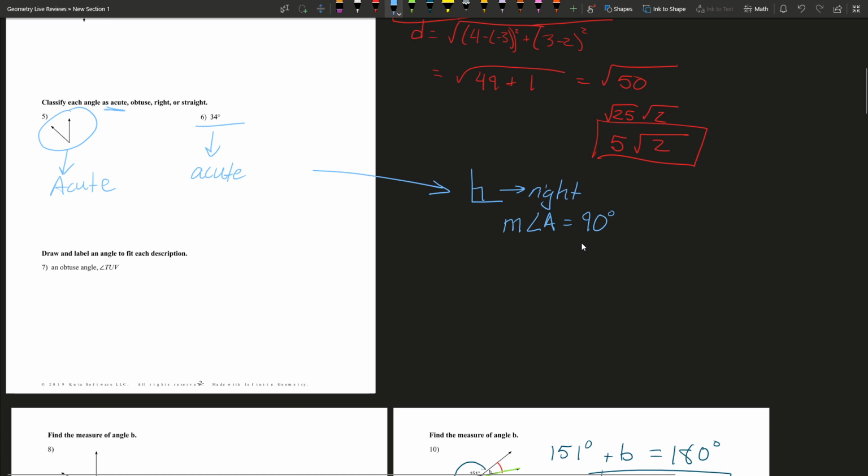Number 5 and 6. We went over right angle. An obtuse angle is anything over 90 degrees, so the measure of some angle, we'll call this one B, is going to be greater than 90. And then acute, these are acute, is anything less than 90.